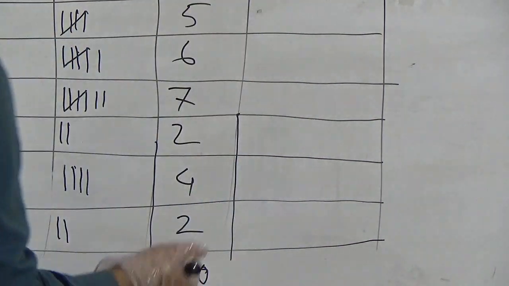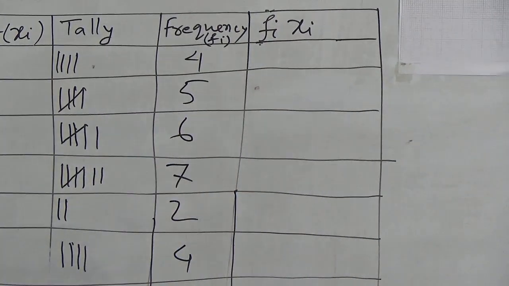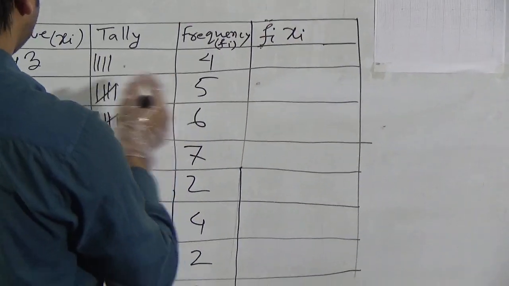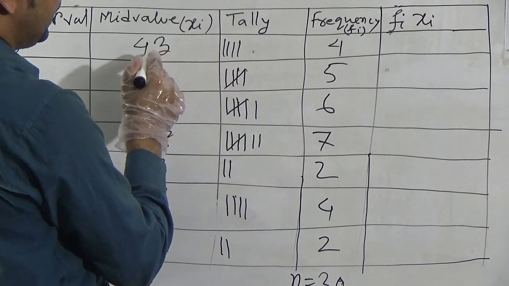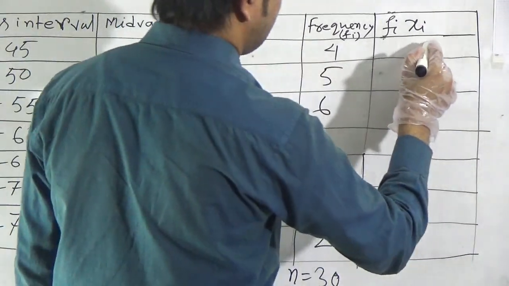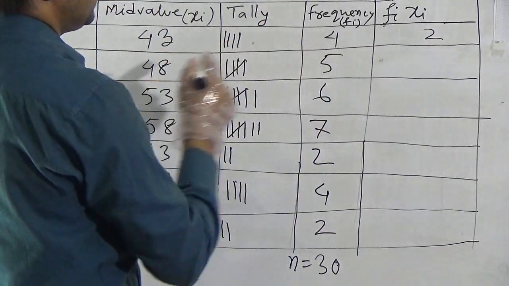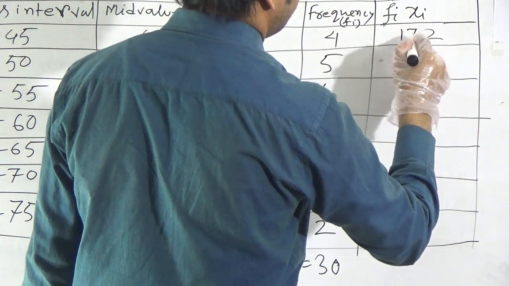Now we have to fill up this column, the product of Fi xi. Now we have to take the product. Multiply 43 by 4: 3 4s are 12, 4 4s are 16 and 1, 17.